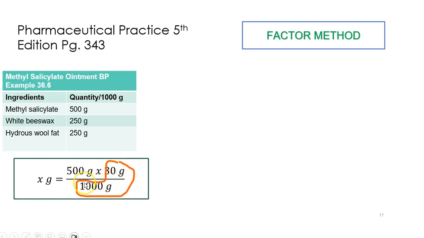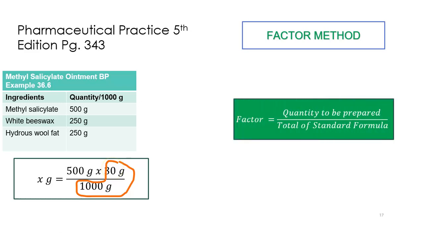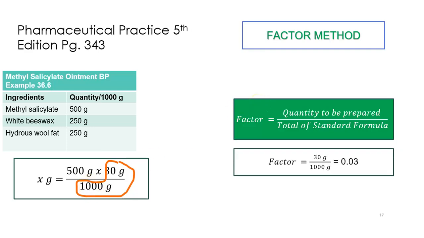You're moving from 1,000 grams to 30, and so my factor is 0.03. If you look in your pharmaceutical calculation textbook, the factor is the quantity to be prepared, in this case 30 grams, over the total for the formulation, which is 1,000. And so the factor is 0.03.